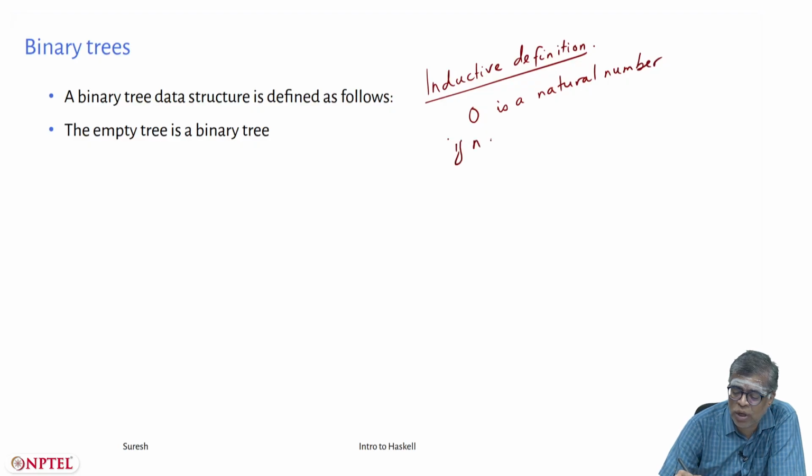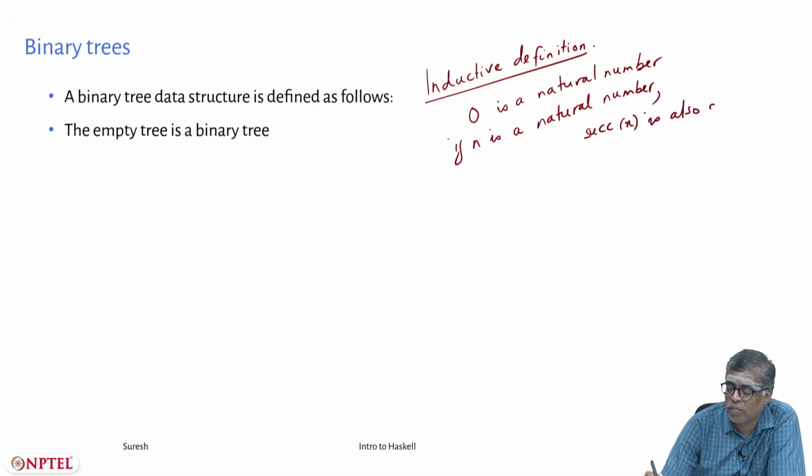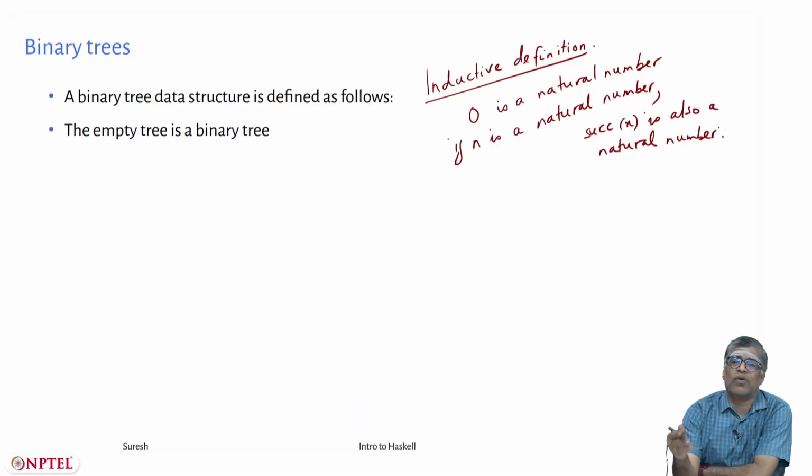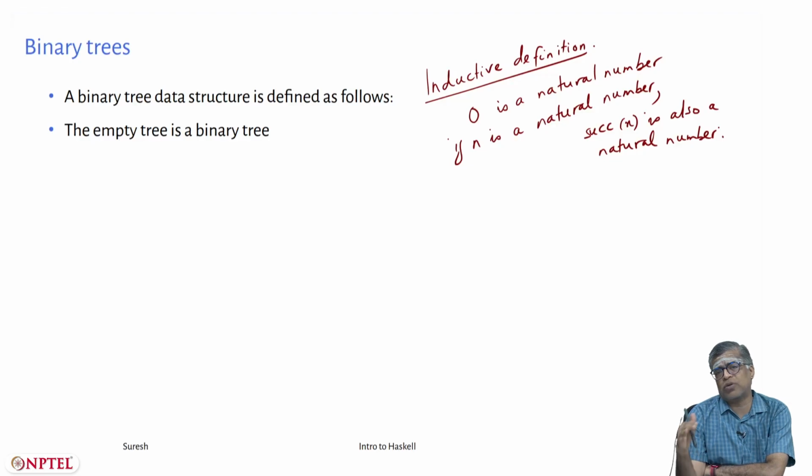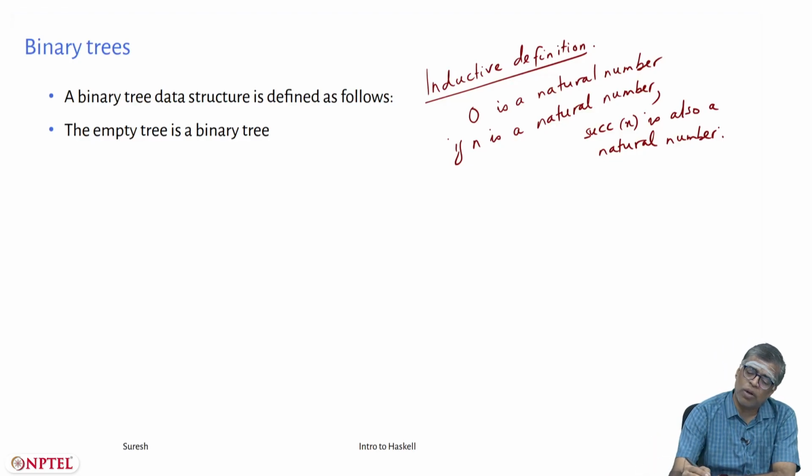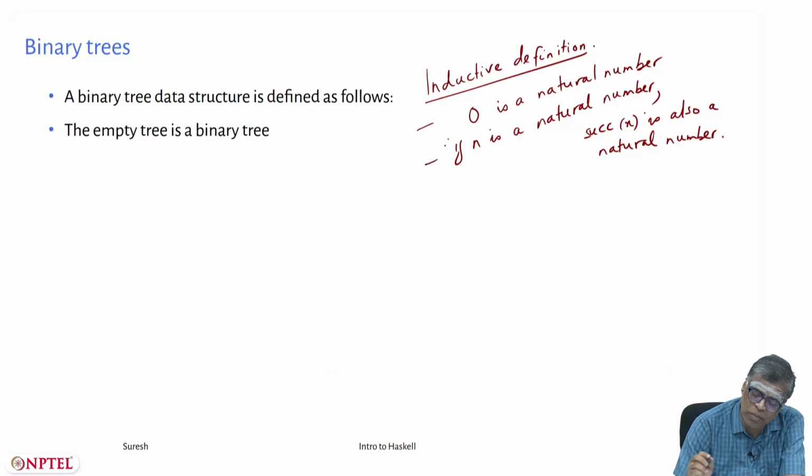If n is a natural number, successor of n is a natural number. You are giving an inductive definition of the type. So natural numbers consist of 0, successor of 0, successor of successor of 0, etc. And you state that in this succinct manner.